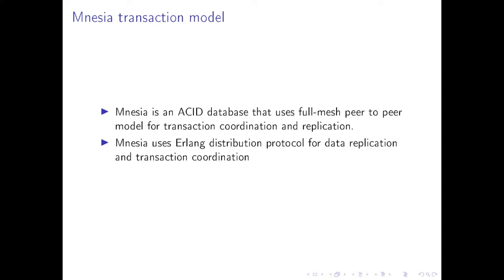So how does the Mnesia transaction model work? In Mnesia, every table replica is equal, and Mnesia uses a full mesh peer-to-peer model to replicate transactions between the replicas. Mnesia is an ACID database, so it has rather good consistency guarantees.